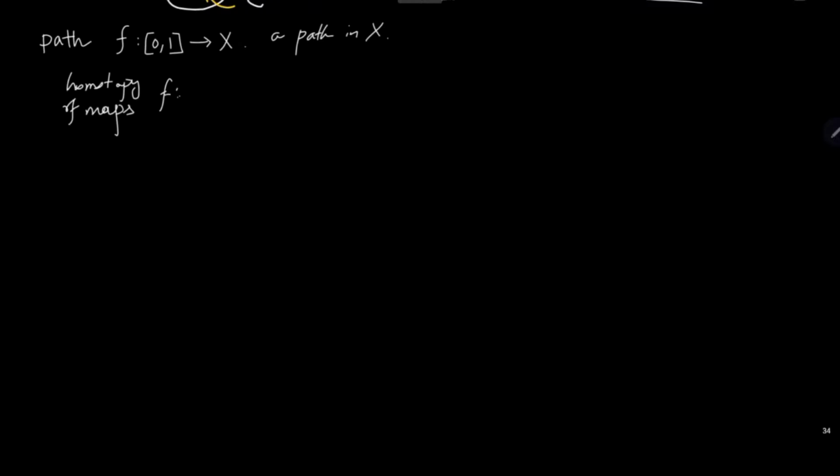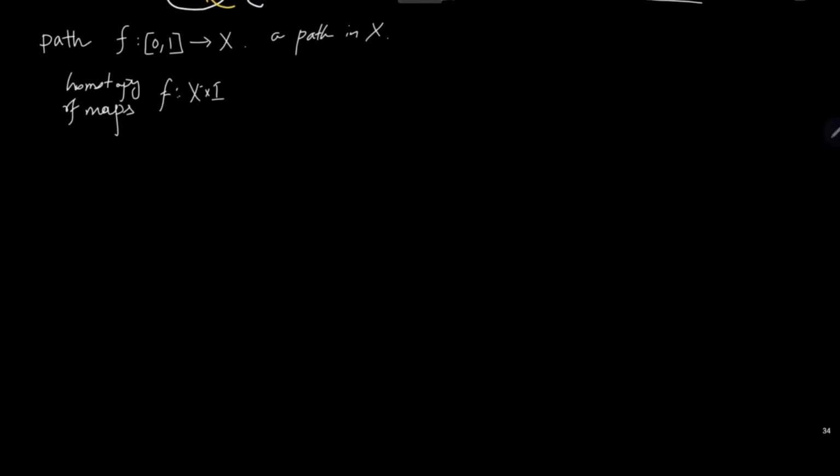So what really is a path? A path is nothing but a function from the closed interval 0 to 1 to X. So that is a path in X. So dealing with path homotopy is not really different, because when we looked at homotopy of maps, we were essentially looking at continuous functions.